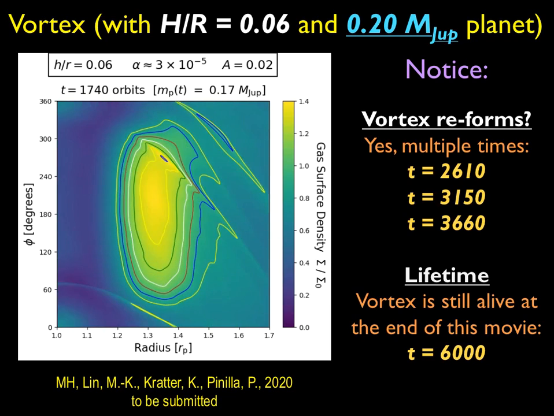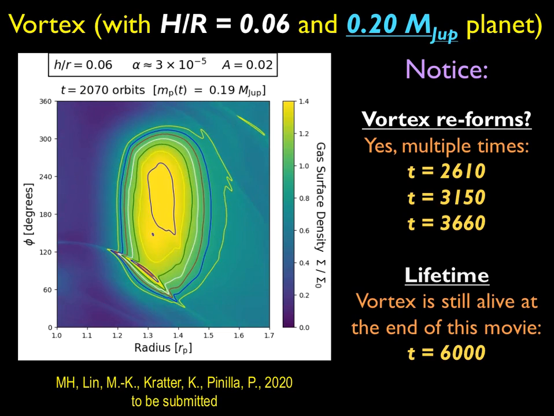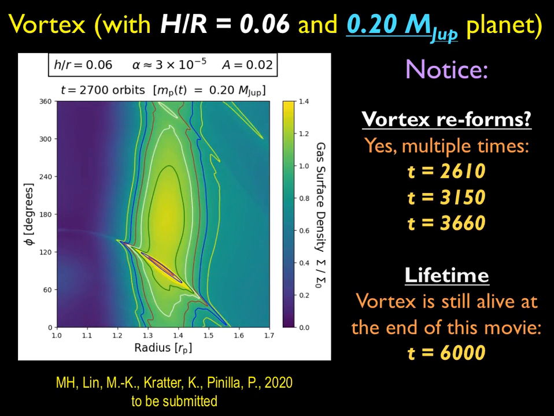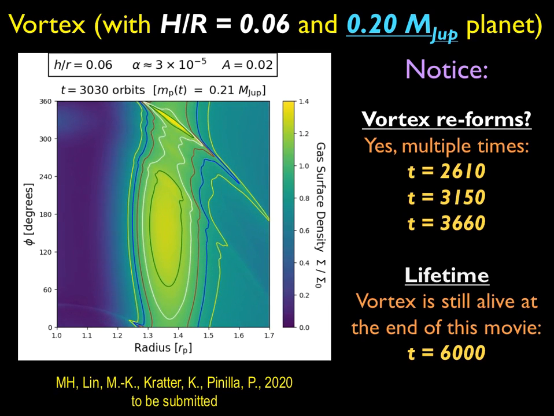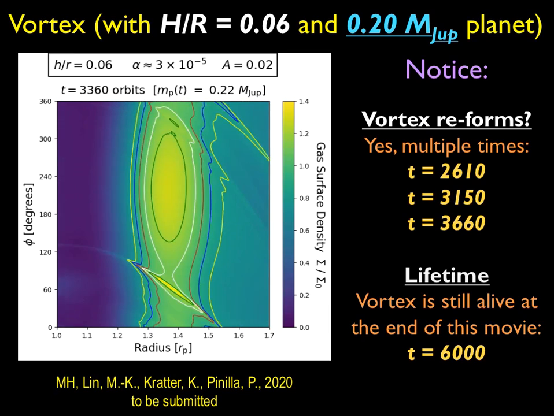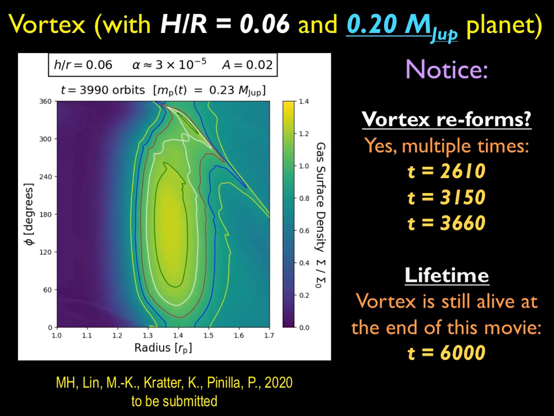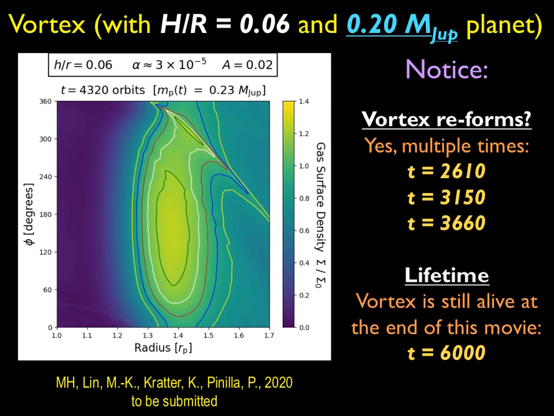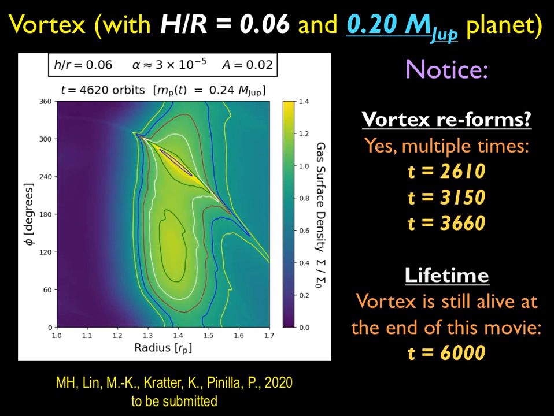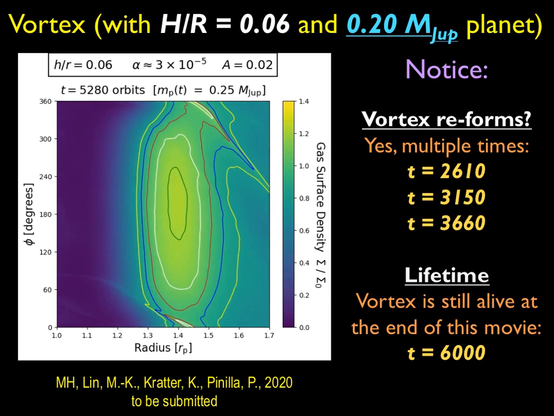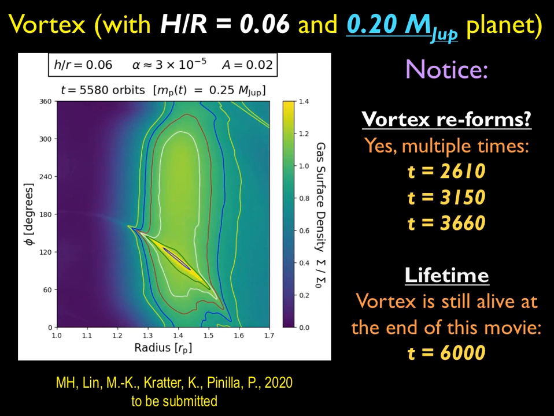But this time the vortex can reform. In fact, it happens at least 3 times, at about 2,600 orbits, at 3,150 orbits, and again at 3,660 orbits. And in total, the vortex survives more than 5,000 orbits and is still alive at the end of this movie, which gives it a way longer lifetime than the Jupiter mass case.